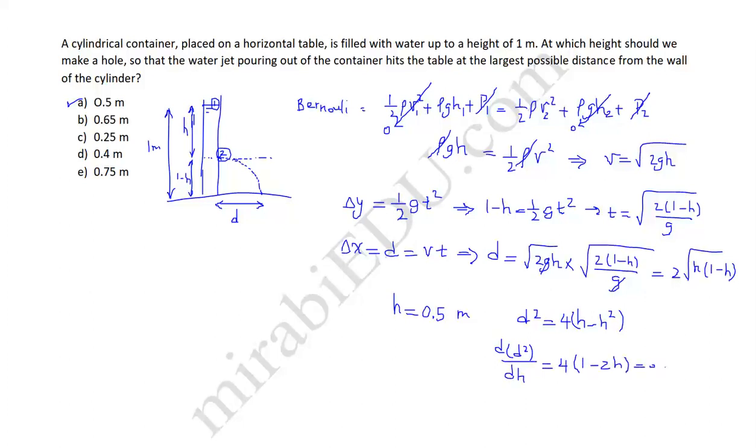And then here we'll find h to be half a meter. Again, the same result. So I used this mathematical trick: when the sum of two terms is constant, their product is maximum when they are equal to each other. So h and 1 minus h, their sum is 1, is constant, so the product is maximum when they are equal to each other.